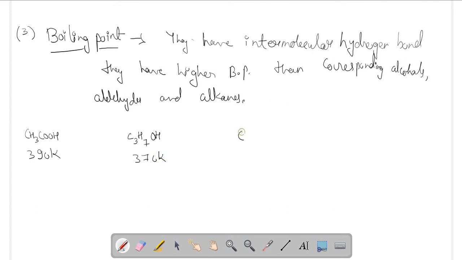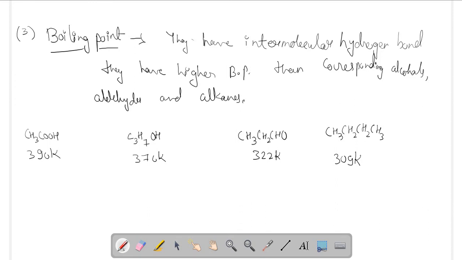For propanal, it will be 322 Kelvin, while for the alkane, that is CH3CH2CH3, it will be only 309 Kelvin. So they have relatively higher boiling points in comparison to the corresponding alkanes, aldehydes and alcohols.